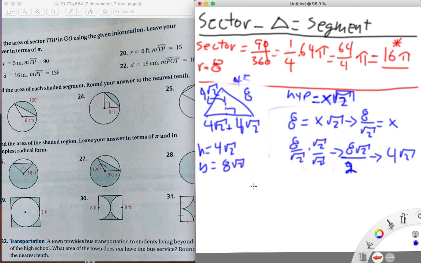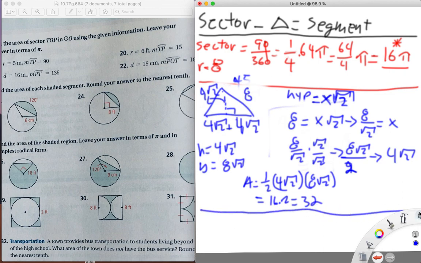So when I do the area of the triangle, one half 4 root 2 times 8 root 2, that's going to be 2 times 8, which is 16, times 2, because root 2 times root 2 is 2, which is 32. That makes more sense.